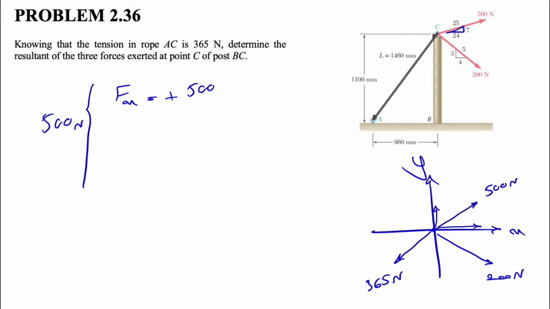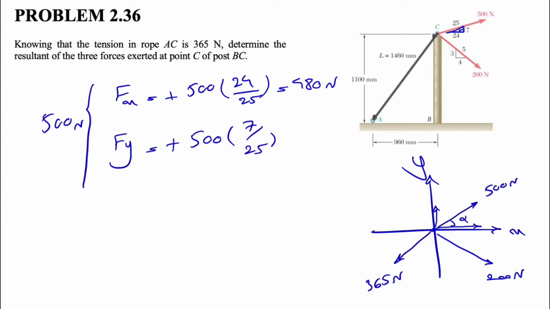We have this right triangle, and Fx will be 500 times the cosine of this angle alpha, which is 24 divided by the hypotenuse, 25. This gives us 480 Newton. Same for Fy, which is positive, and this time we have the sine of alpha, which is 7 divided by 25. This gives us 140 Newton. That's pretty much everything for the first one.